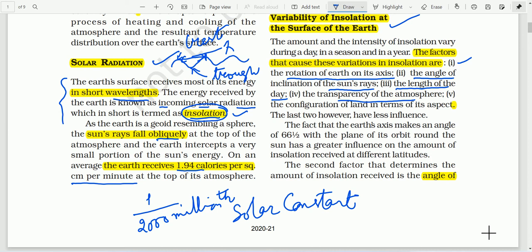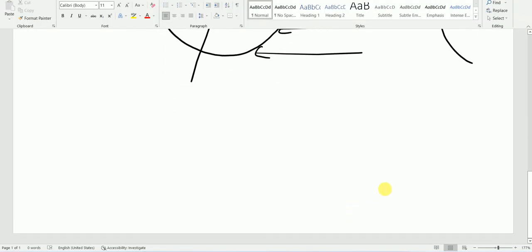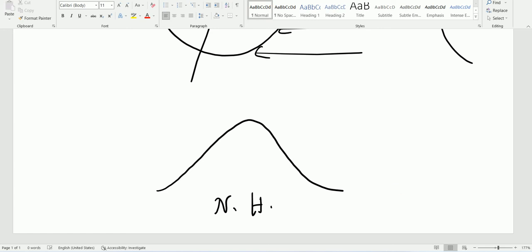So this is another one. And next we have the configuration of land in terms of its aspect. So this is another factor. Let us consider this case. Let us say this is a mountain range in the northern hemisphere. Let us say the mountain range is running in the east-west direction.